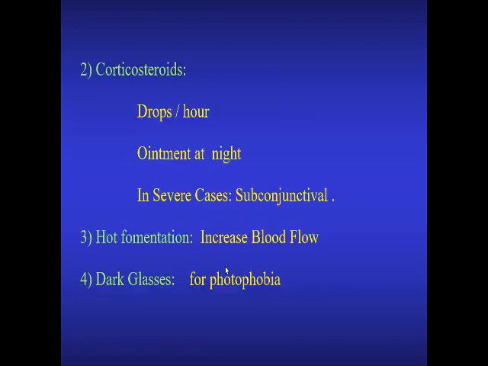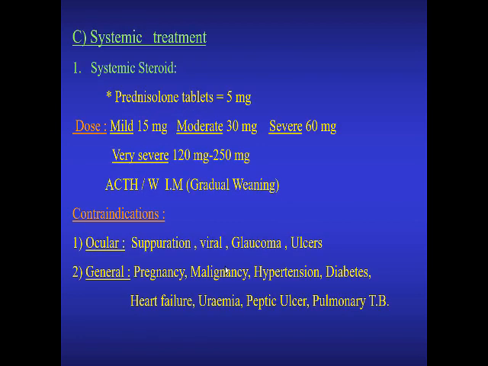Corticosteroid is considered the cornerstone in a case of iridocyclitis, either drops at daytime or ointment at night, and in severe cases we can give subconjunctival injection. Hot fomentation to increase the blood flow, and dark glasses to avoid photophobia.